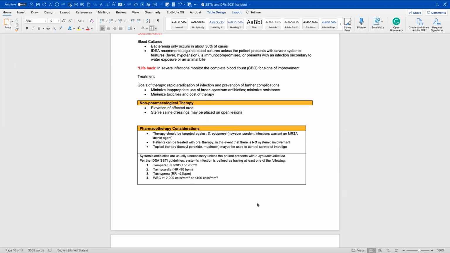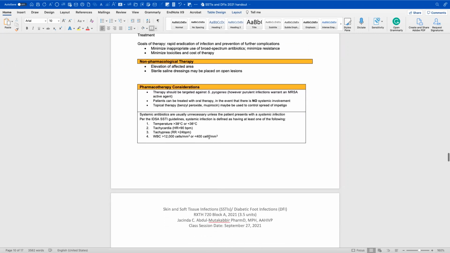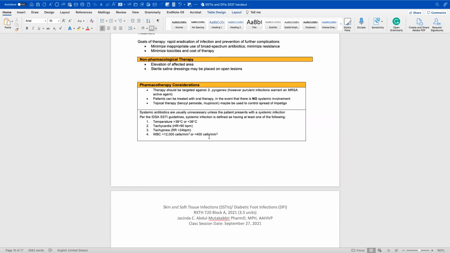So as ID trained pharmacists, right? We're welcoming you into our ID training world. The one thing that's very important is that we want to make sure we're practicing good stewardship here. So, pharmacotherapy considerations: therapy should be targeted against Strep pyogenes because it is the more likely causative organism in these infections.